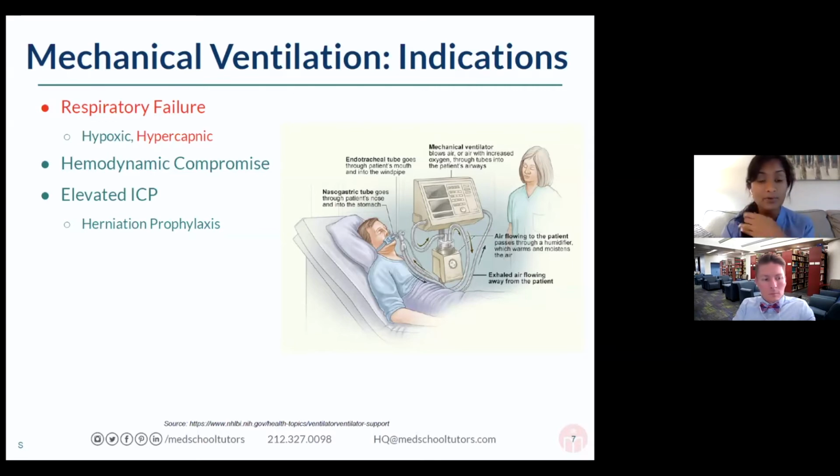But sometimes that hypercapnic drive is what's really causing the increased breathing, and you worry about patients tiring out and being unable to continue that level of oxygenation in spite of that increased effort. So respiratory failure, of course, and hemodynamic compromise as well. I have very rarely seen a patient on pressors who is not also intubated, and so all of the gamut in terms of shock, right?